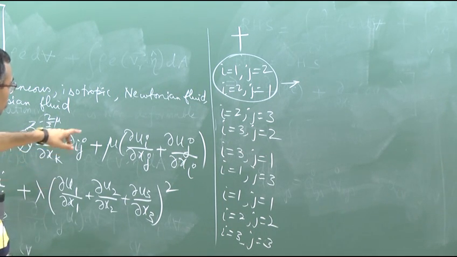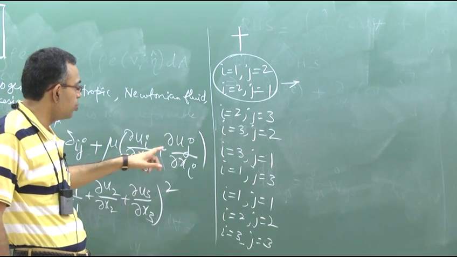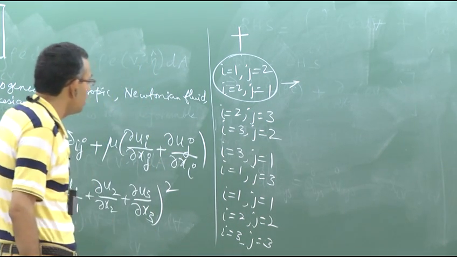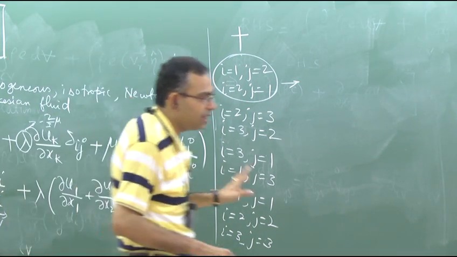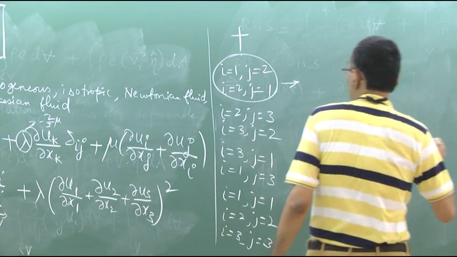So mu del u1 del x1 plus del u2 del x2 into del u1 del x1. Okay, let me write one term, then it will be easier to write. Let me write the full one term.